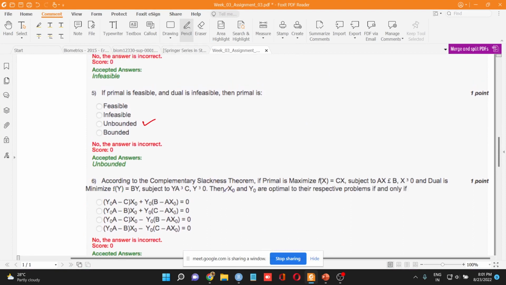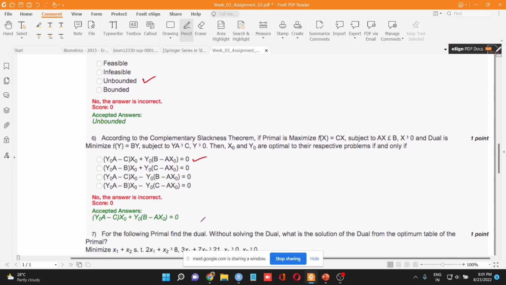And here is the question about the complementary slackness theorem. Before that, we had discussed it. Just check it. What would be the answer? I am assuming that the first one is correct. Yes.